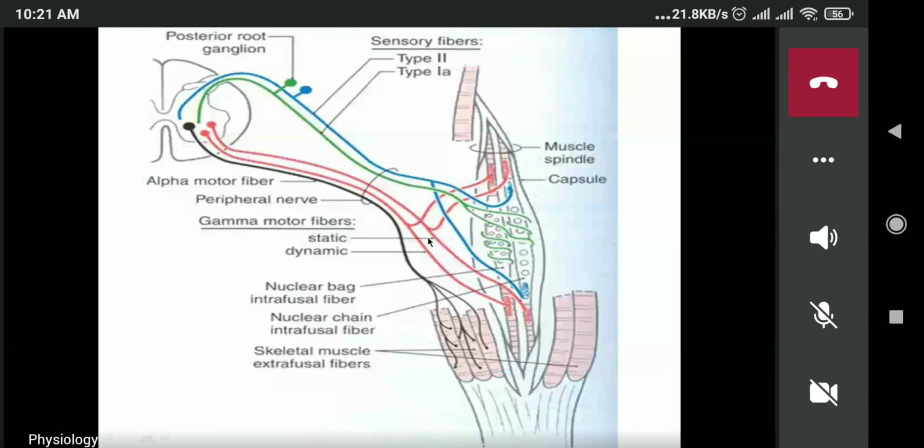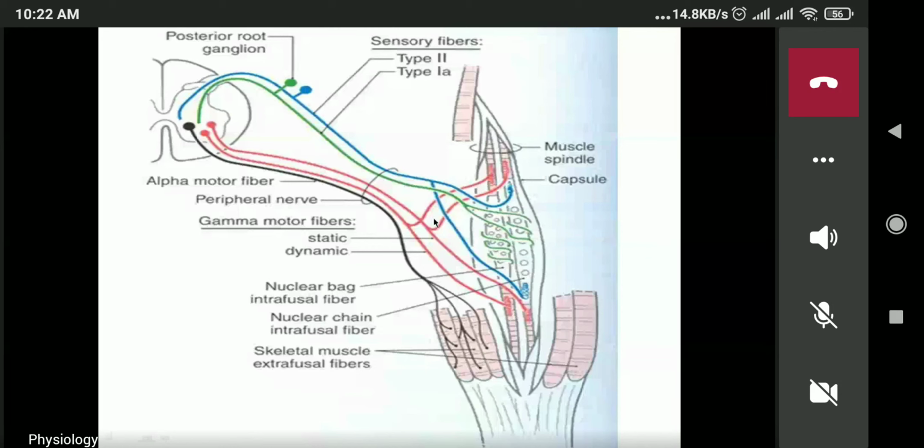The gamma motor fiber may be of two types: static gamma motor and dynamic gamma motor. They are attached to the intrafusal fibers, not to the extrafusal fibers.